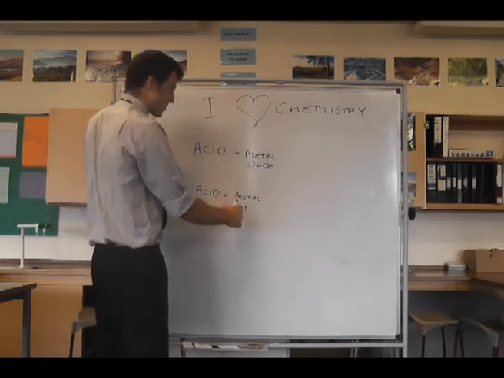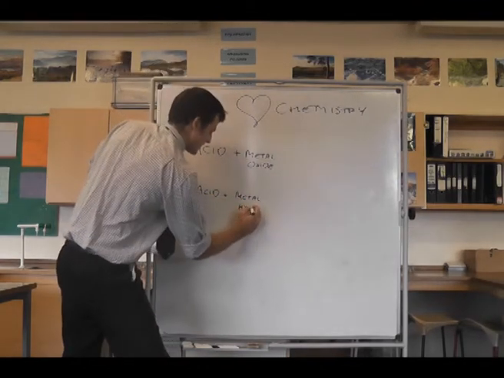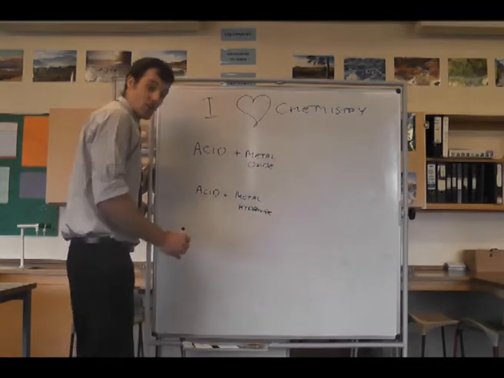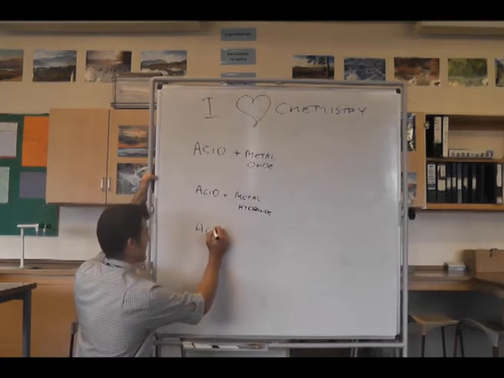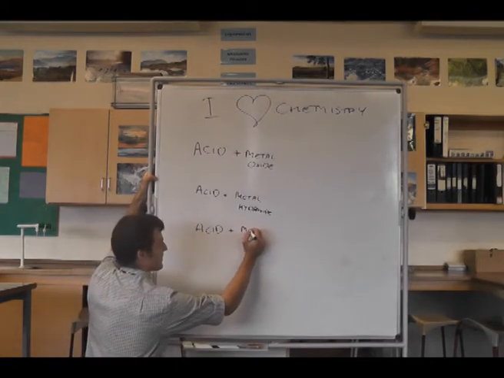Hydroxides are soluble, so not only is this a base, this is an alkali as well, a soluble base. And we're going to look at an acid reacting with a metal carbonate.